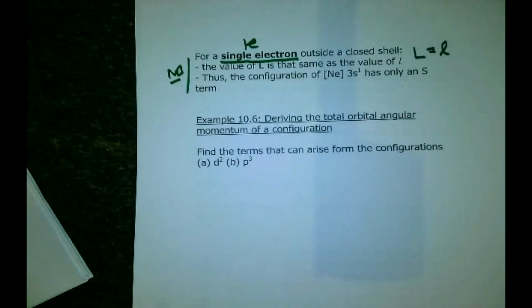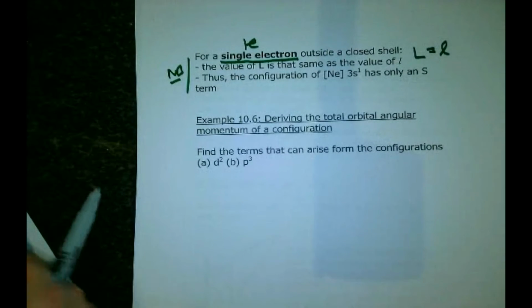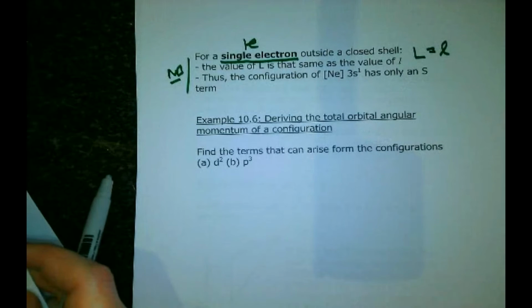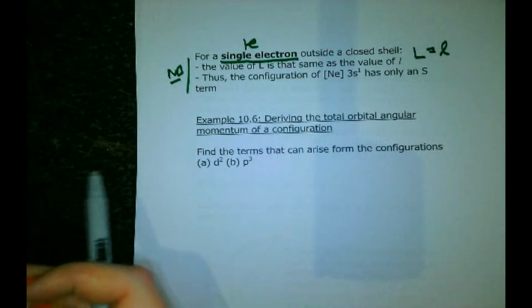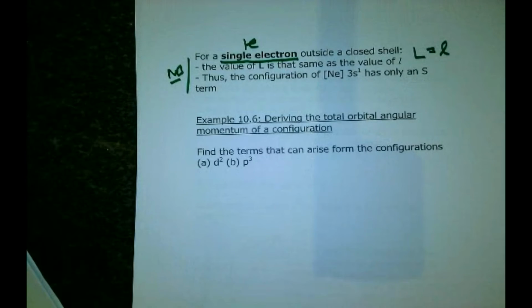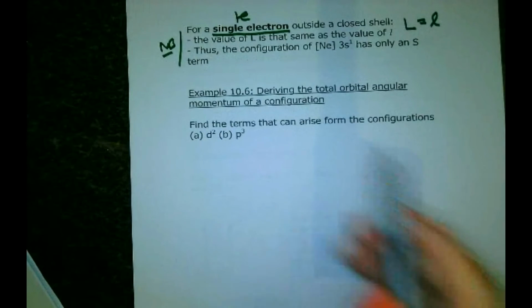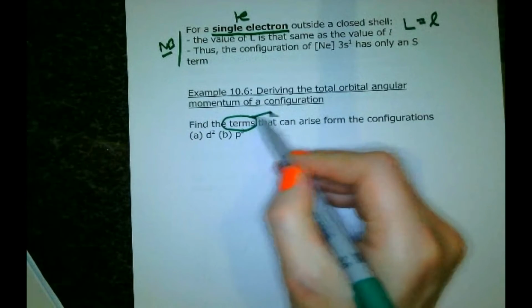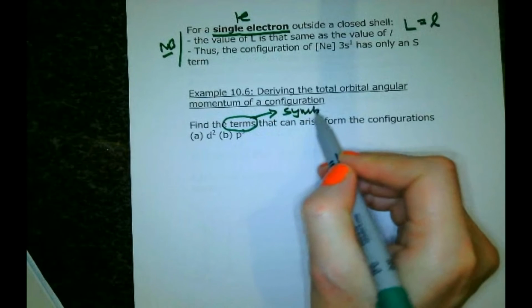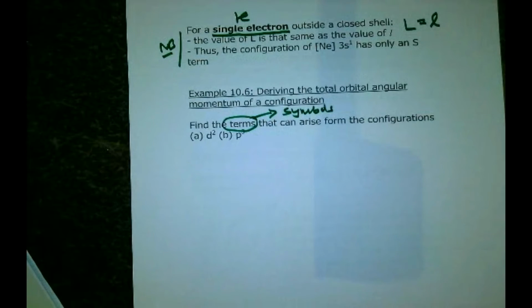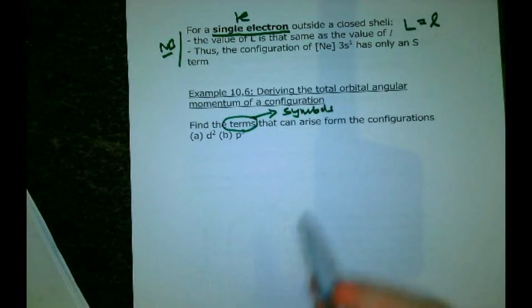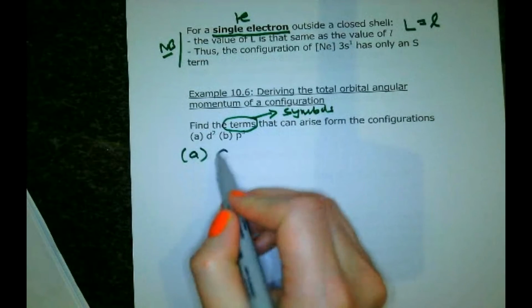So that is also a trick that you can use to make things easier. So let's look at another example, example 10.6, deriving the total orbital angular momentum of a configuration. Find the terms. Now basically the terms asks us for the symbols, S, P, D, etc., for the following configurations.